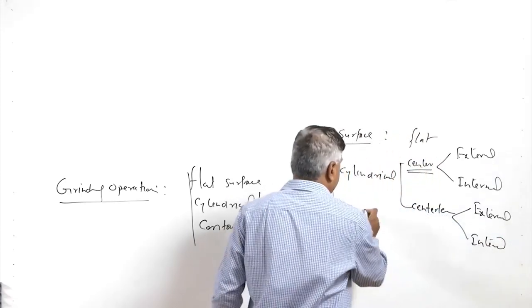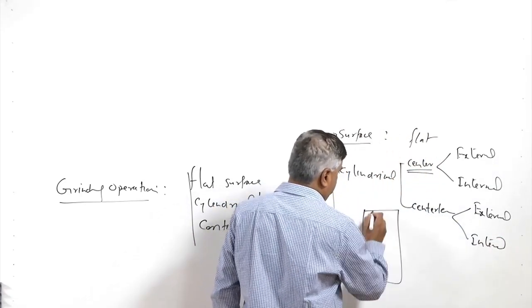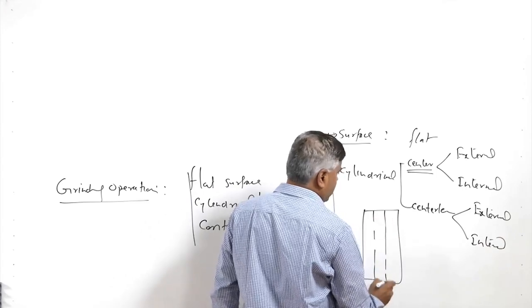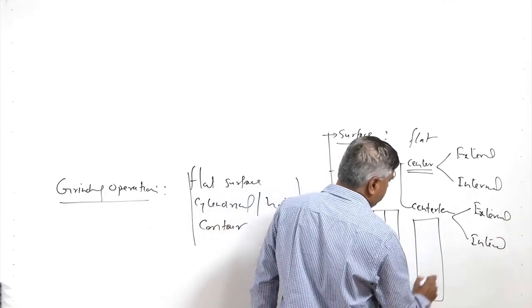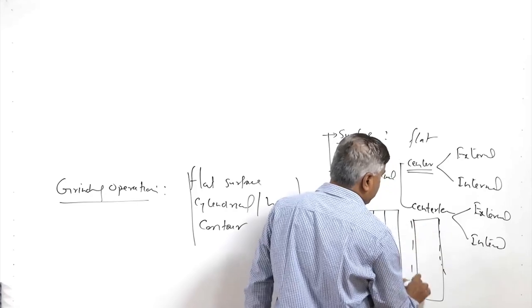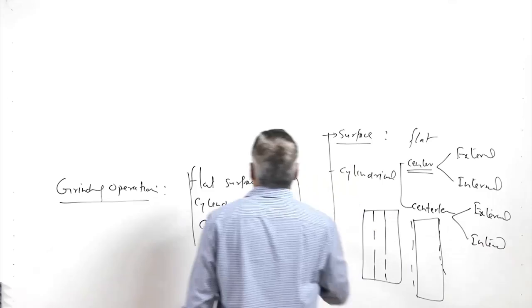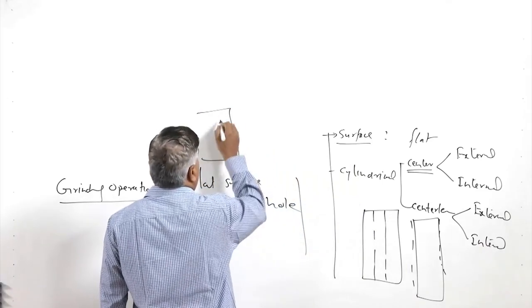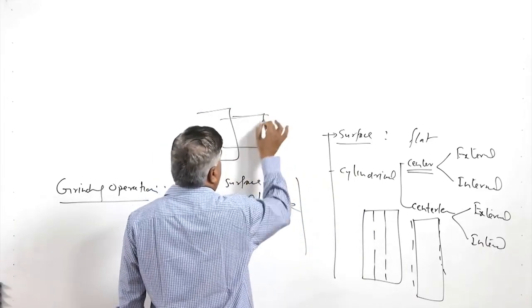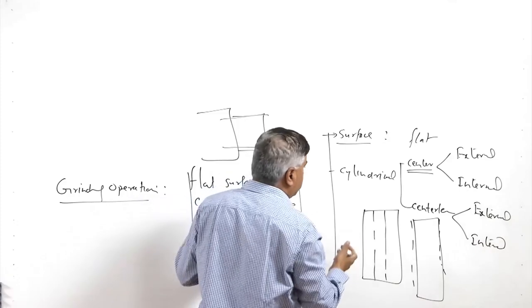So, internal cylindrical grinding means the cylindrical hole exists in the workpiece, and external cylindrical grinding means the external surface of the cylinder will be processed. In the center type, there will be one chuck on which the workpiece will be held, and then it will be subjected to the grinding.